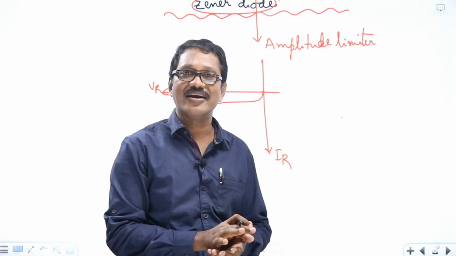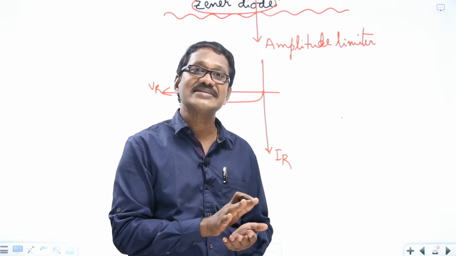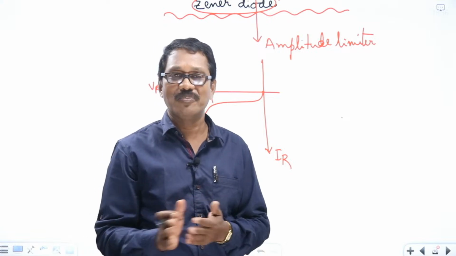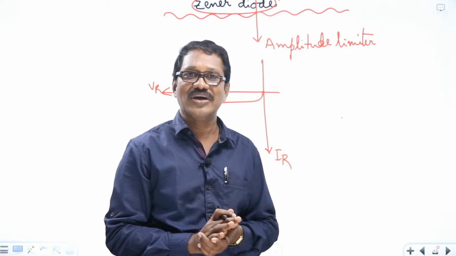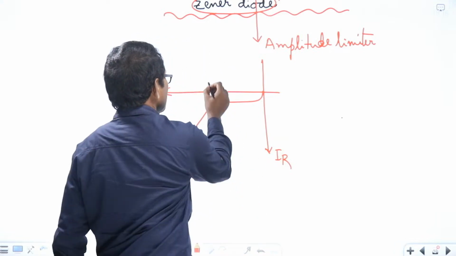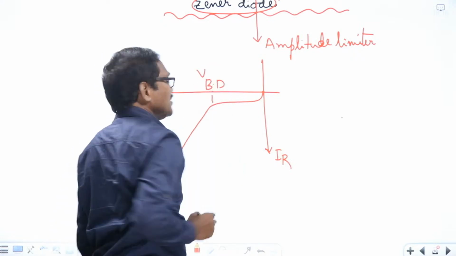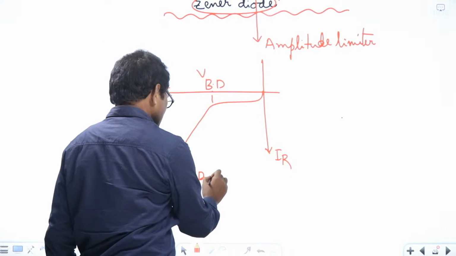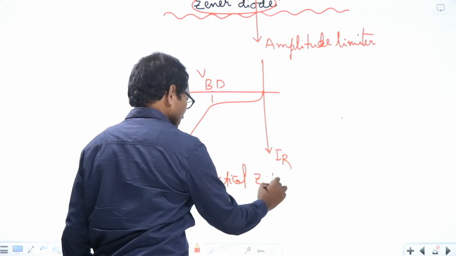Once it enters the breakdown region, only then does it act as a voltage regulator. Before breakdown, it acts as an open circuit only. We understood this, right? This is the breakdown voltage VBD, and this is the characteristic of a practical Zener diode.